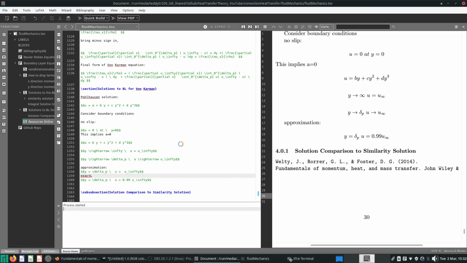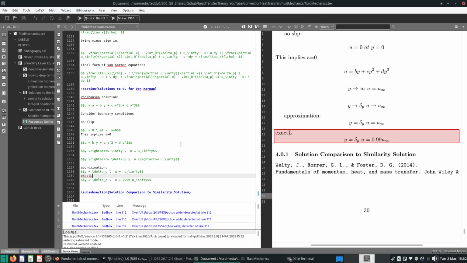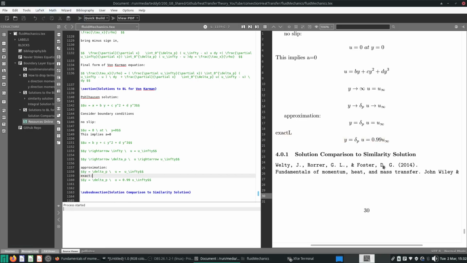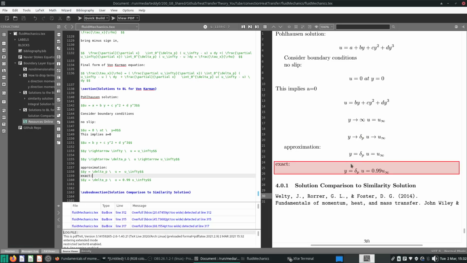If you want to put it exactly, I leave it to you. You can put either of these in. This one is a slightly more exact boundary condition based on our definition of the momentum boundary layer thickness. You can substitute that in as well.